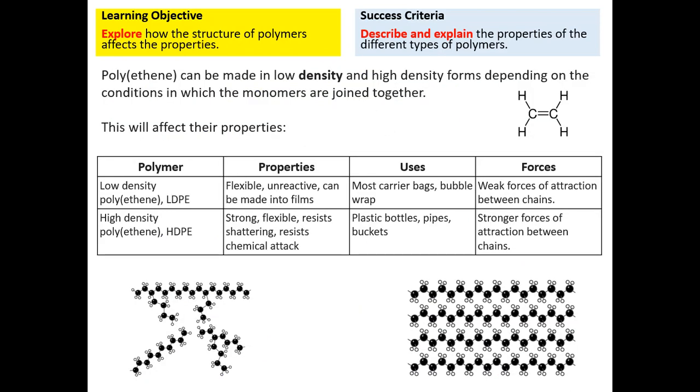The reason for this is that if you look at the diagrams at the bottom, the first one on the left is the low density polyethylene, or the one with the even lower melting point, and that's because the chains are further apart due to the branches, they've got what we call weak forces of attraction. So they're further apart, and that means that it's much easier to overcome those forces of attraction.